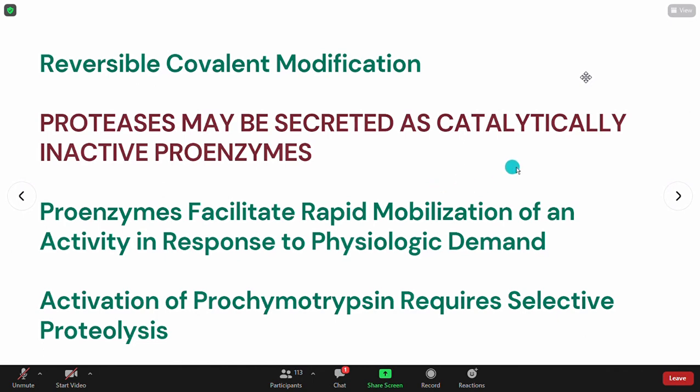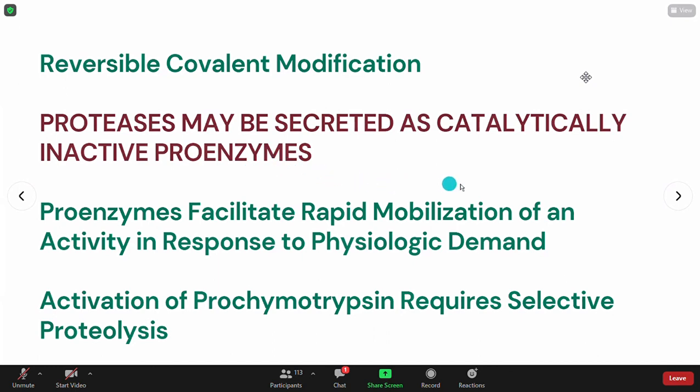Like for example, the pancreatic enzymes. Once they are synthesized within the pancreas, they are secreted as proenzymes into the intestine, because the intestine has a protection against the active enzyme.